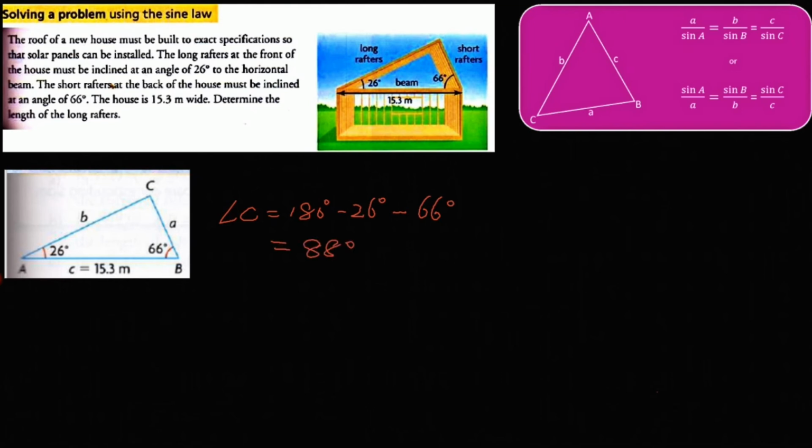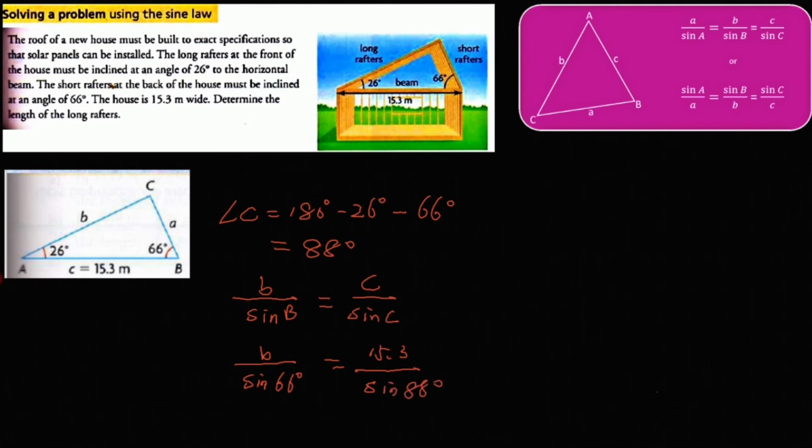And then we use the ratio B over sine B equals C over sine C. Okay, B we don't know, we just write down B. Sine B, B is 66 degrees, so sine 66 equals C. We know C is 15.3, and sine C we just found, it's sine 88 degrees.